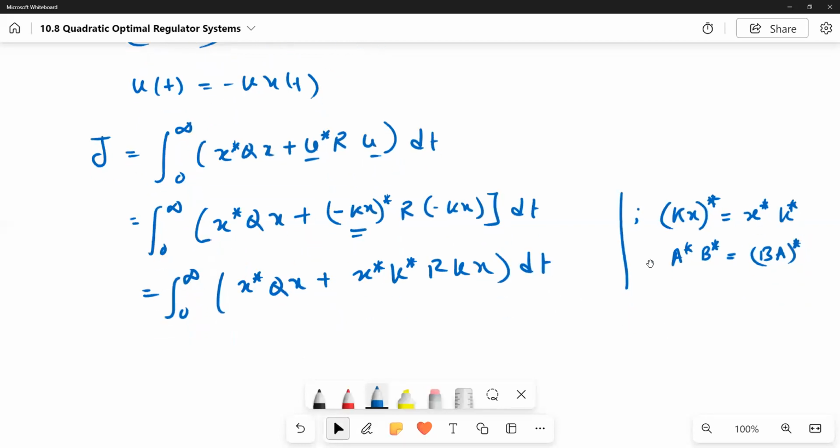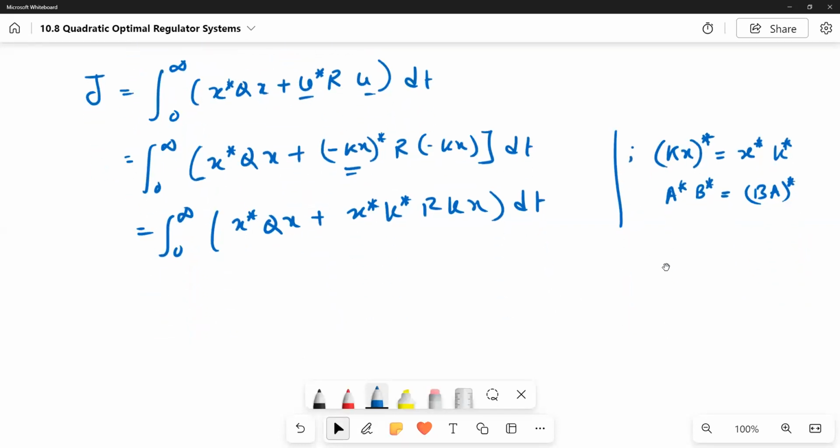Now x star and x are common. x star is pre-multiplied and x is post-multiplied in both cases, so you can take them common. So x star taken common, then Q plus K star RK, then x dt.